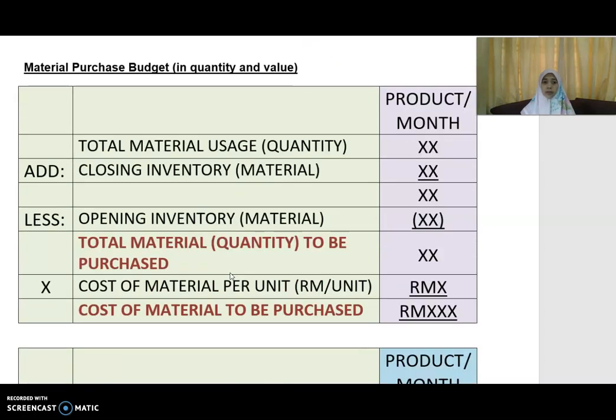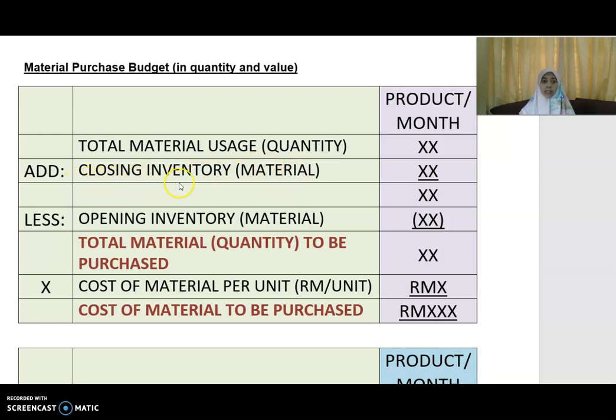Next, if you want to know the value, that will be the total material usage in terms of the quantity. Then you have to adjust for the opening and closing, same as before, but now we are talking about the material. We are no longer talking about the finished goods, we are talking about the fabric, the meters of cotton that you need to produce that t-shirt.